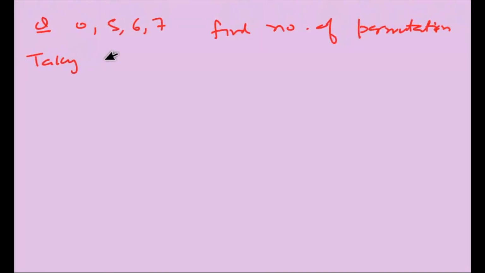The digits 0, 5, 6, 7. Find the number of permutations taking all digits.